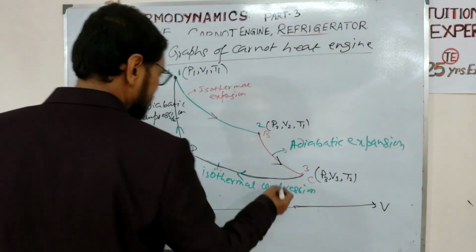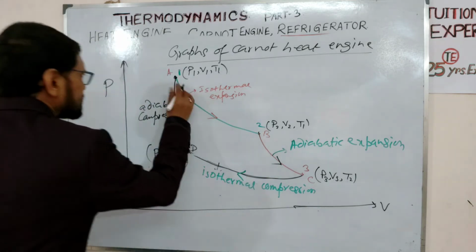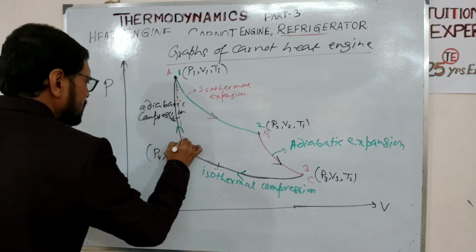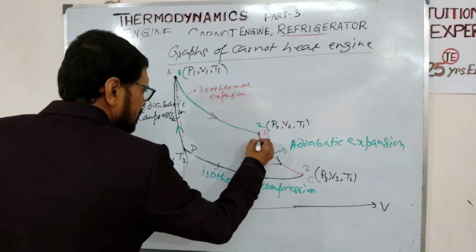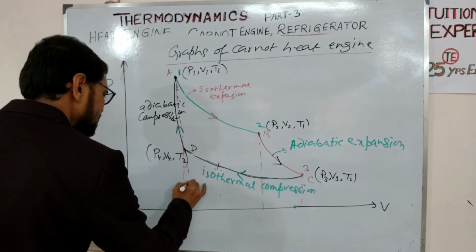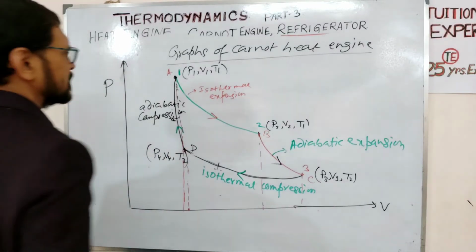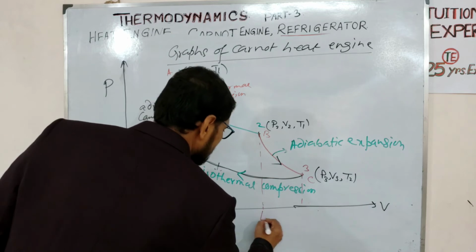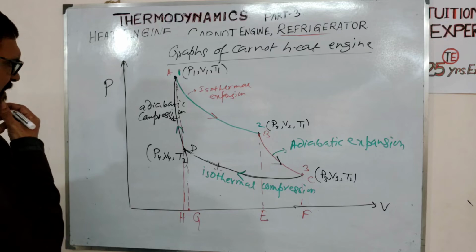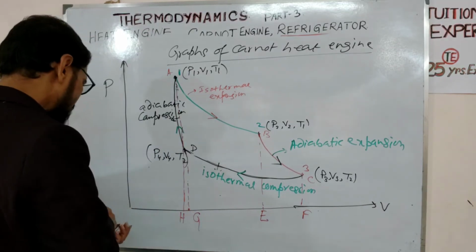Work done from A to B, A, B, C, D. So if we draw, now we have to write the work done in different processes.